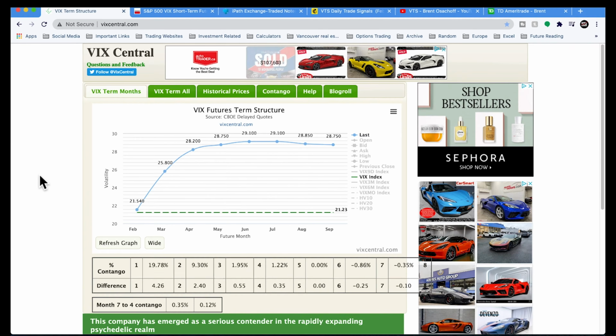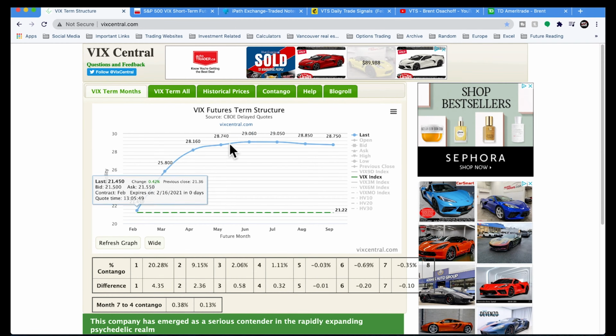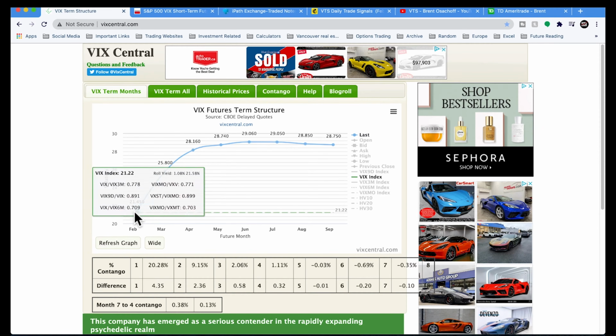So hopefully at the end of this presentation, you will get a much better understanding of what you're actually supposed to be looking at. So what we are looking at here, like I said, all these futures are for a different month. Now, the reason that I chose today, if I'm hovering over this future, you can see that it says it expires in 0 days. Essentially, that means it's expiring today. And then tomorrow, this front future will be gone.